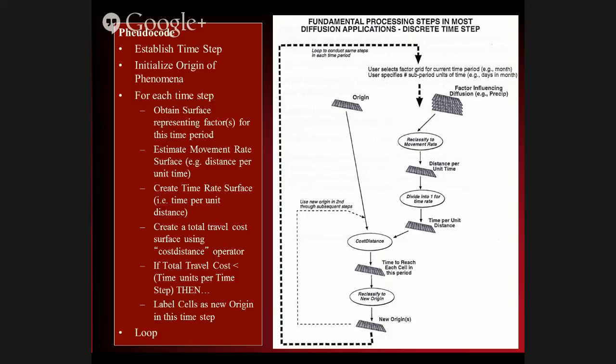And so we reclassify this so that we say, okay, all the areas that were under the time period, less than or equal to the amount of time, those are the new origin. That's where the phenomenon got to. That's where it reached after this point. Okay, and so then we take that and that becomes the feedback, the new origin.